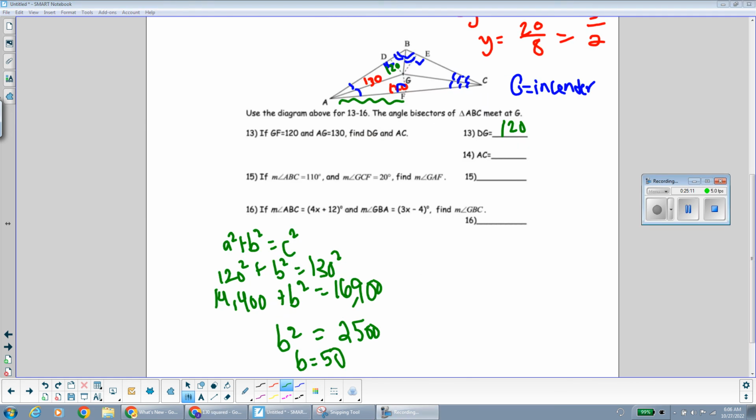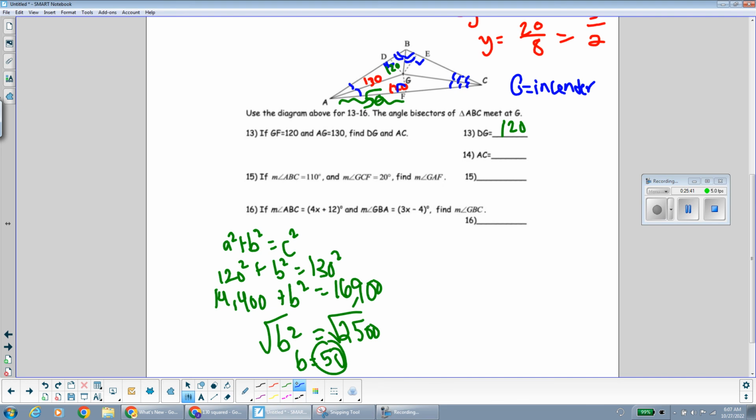I did my solving really quick over here on the side. I squared 120 and 130. Then I subtracted 14,400 from both sides. And finally, I took the square root of both sides. And I got that the side length is 50. So AF is 50.